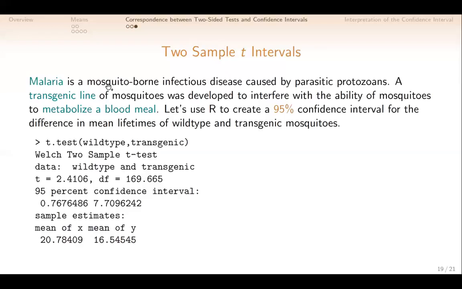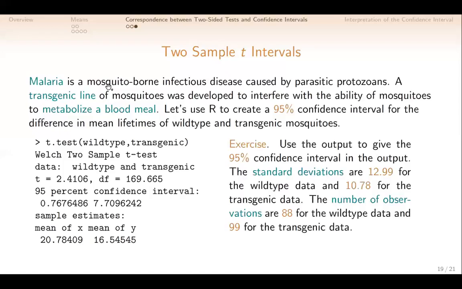So the 95% confidence interval, this is a measurement of the life of these 88 wild type and 99 transgenic mosquitoes, says that the wild type lived between three-quarters of a day and 7.7 days more than the transgenic. So it does shorten their life by that amount, somewhere between 1 and 8 days. If you wanted to know better than that, then you would just have to collect more data.